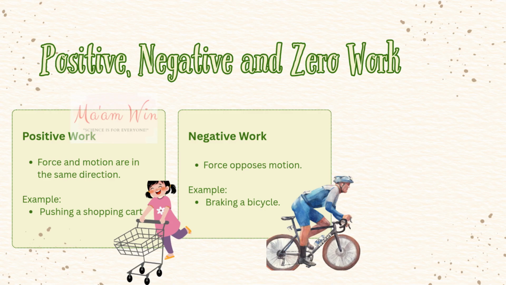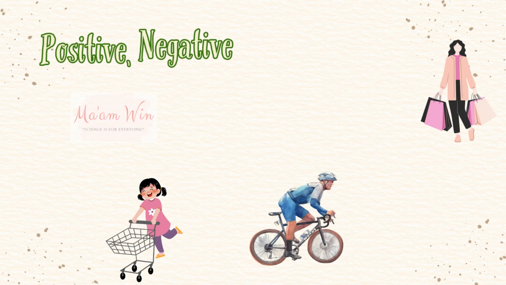While the vehicle is moving forward, the frictional force from the brakes acts backward, slowing it down. Because the force opposes the motion, the work done by the braking force is negative. Negative work removes energy from the moving object, causing it to slow down.